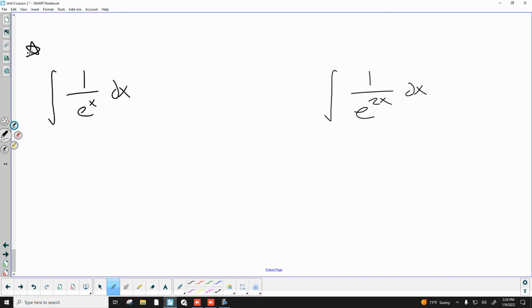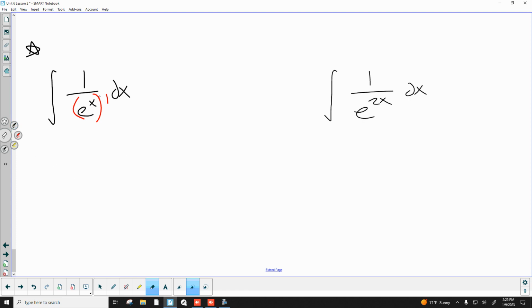All right, ready? We just did a couple where we saw a negative first power, and many of us are like, oh, negative first power, right? Not really. It's not a negative first power. It's a negative x power. What is the power?